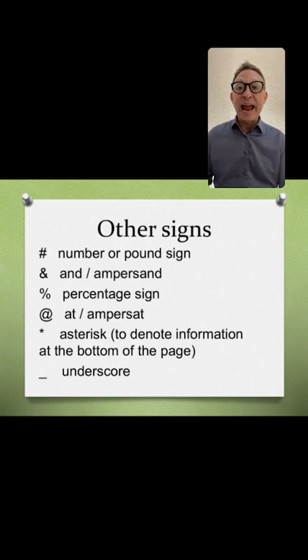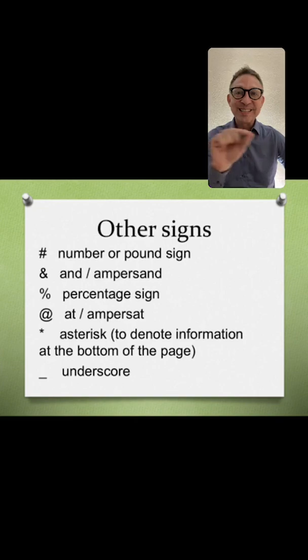All right, then we have the ampersand sign, but we normally refer to it as the and sign. The percentage sign or percent, and at, which is much more common, obviously, at google.com or at gmail.com. We don't say ampersand.